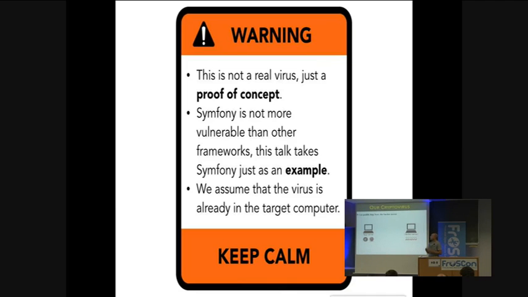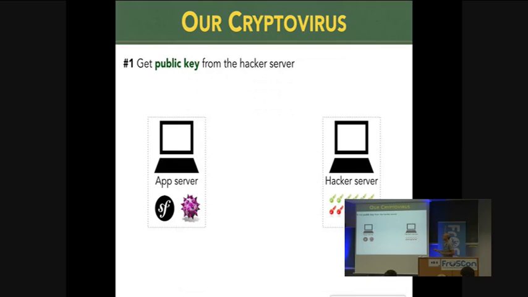So, a cryptovirus, how are we going to create it? The first step is, we are going to have the app server. In the app server, we have Symfony here, an application written in Symfony, and we already have the virus. Then we have another server, which is the server of the hacker.